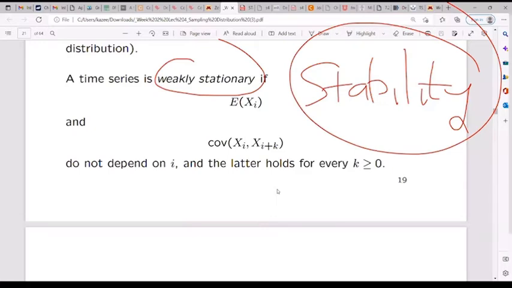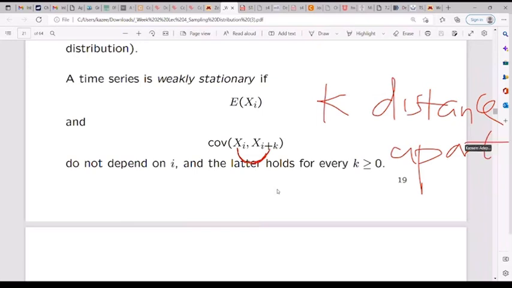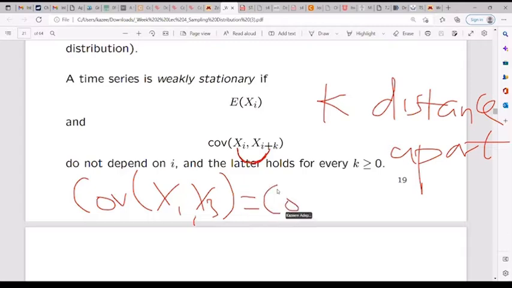That also implies that the covariance of Xi and Xi plus k, the distance between these two variables, they are k apart. For instance, if I'm talking about daily stock returns, the covariance of X1 and X3 will be the same as the covariance of X2 and X4.